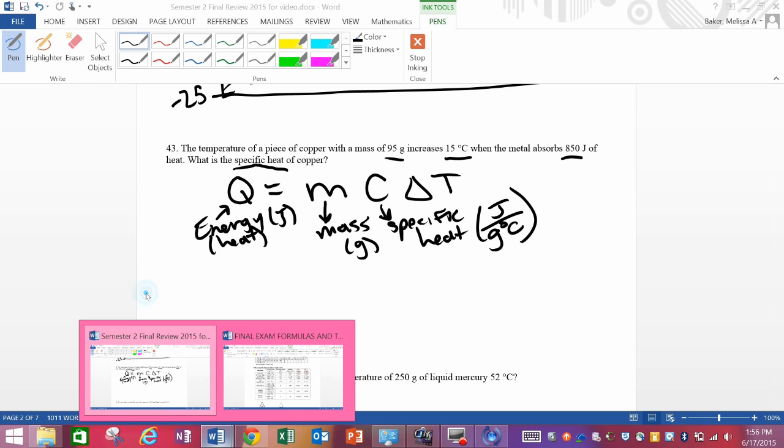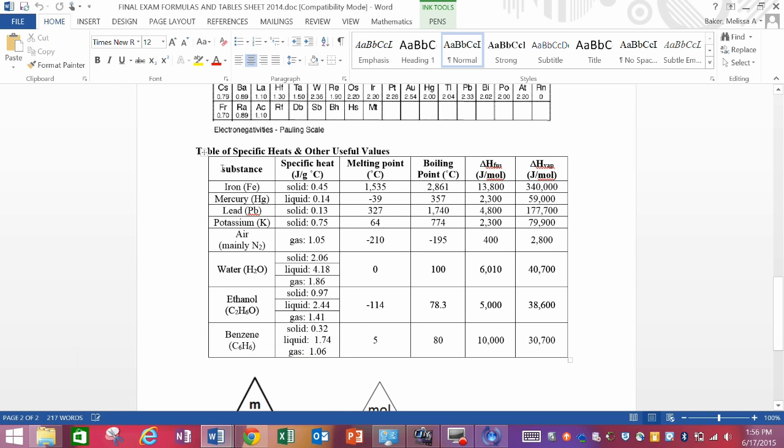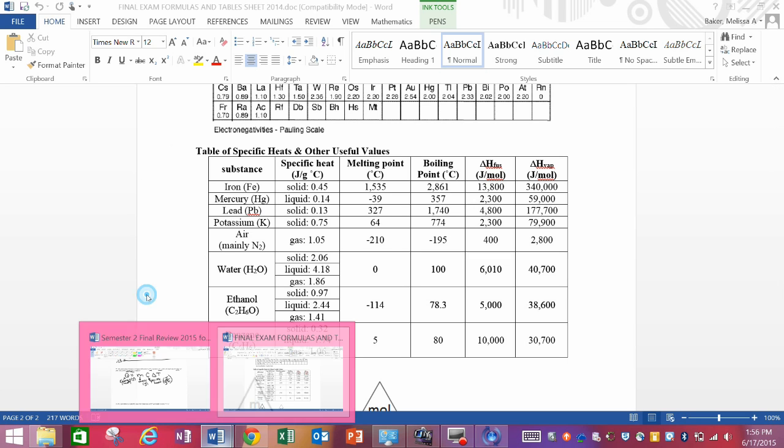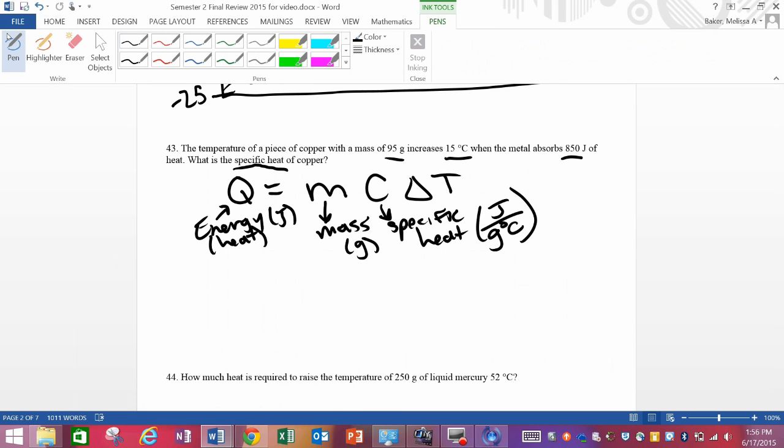If I go back to my little chart here, notice it takes a lot of energy to change 1 gram of water 1 degree Celsius, 4.18 joules. But something like lead, it only takes 0.13 joules to change 1 gram of lead 1 degree Celsius. So different materials have different properties. And of course, delta T is the change in temperature.